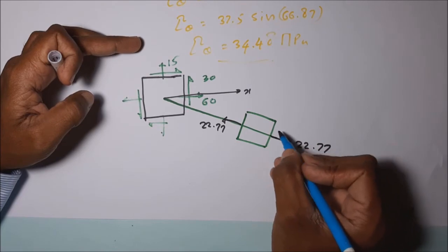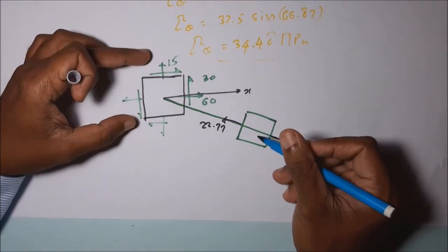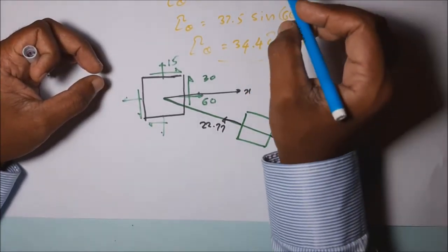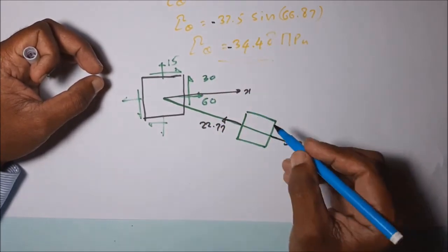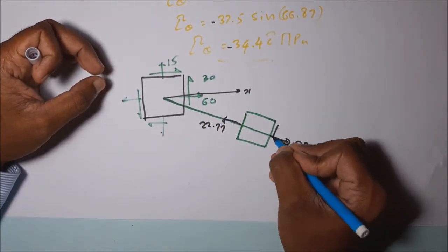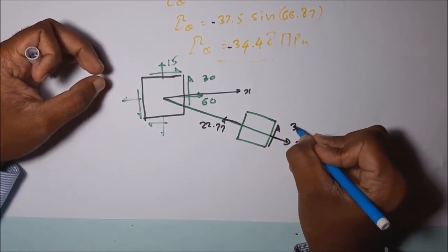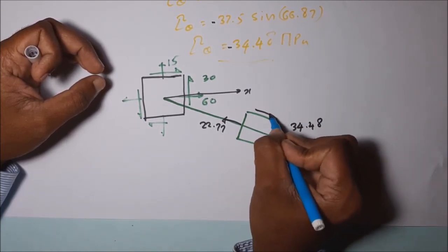Then tau theta acting on this plane is negative here, which means it acts in this direction, 34.48.